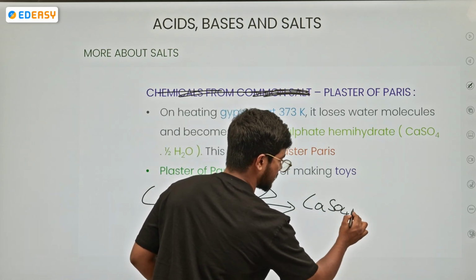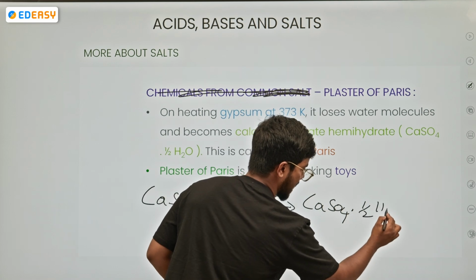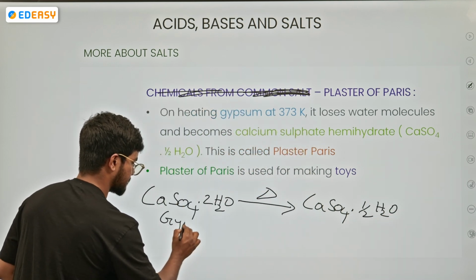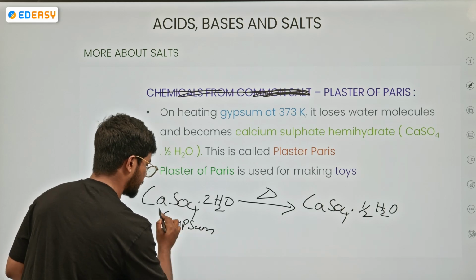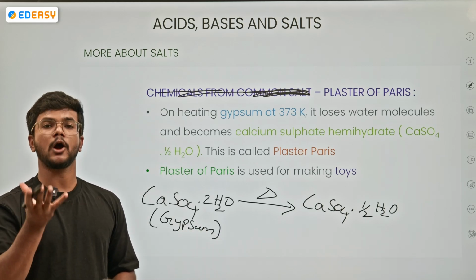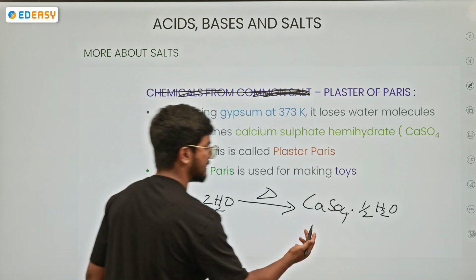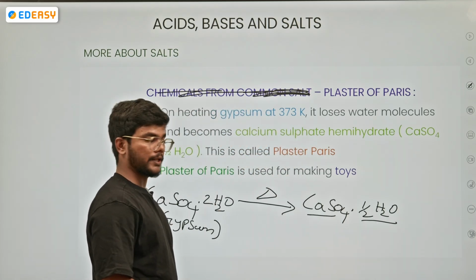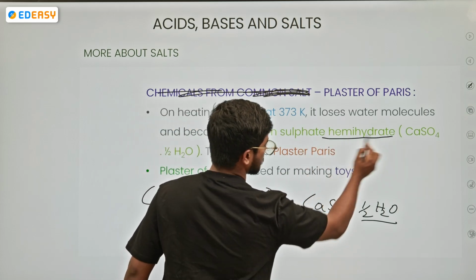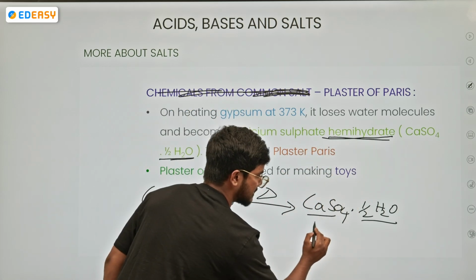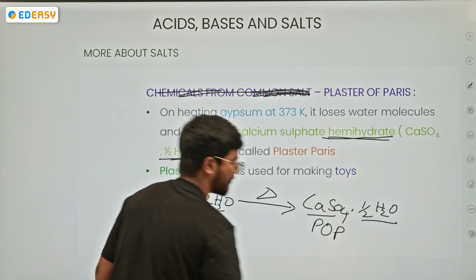On heating, gypsum loses its aqua molecules and converts into calcium sulfate with hemi, meaning half, aqua molecule. Gypsum is found in Paris as an ore. That ore on heating converts into calcium sulfate hemihydrate. Hemihydrate means half H2O, which is nothing but POP, plaster of Paris.